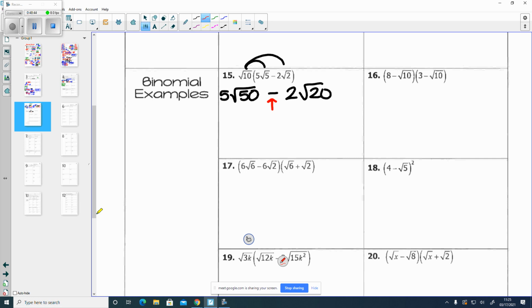If I do 20, what if I do 25? No, 25 and 2. Either way, it's going to be kind of ugly. 25 and 2. 25 is perfect, but then if I do 2 on the other side, 10 is not perfect. So, yeah, that's the only way I can do it. So one of them is not going to be perfect.